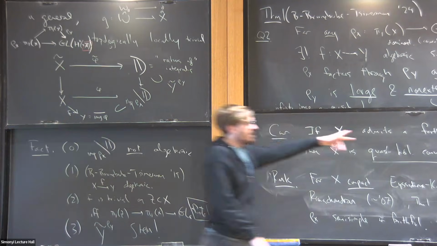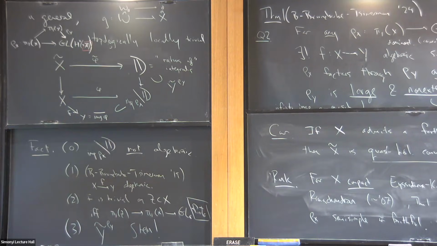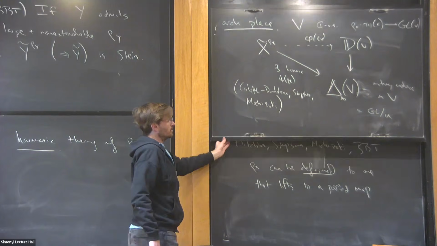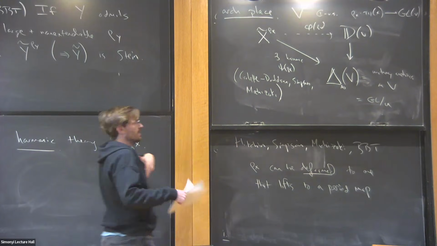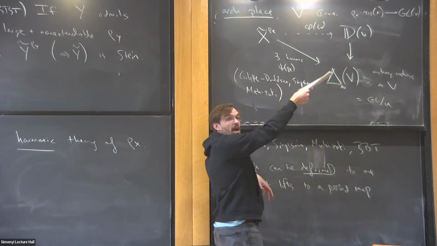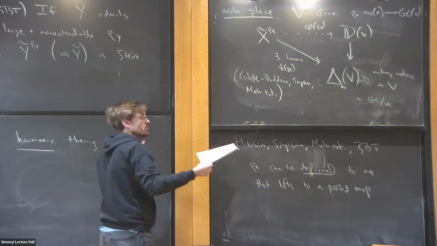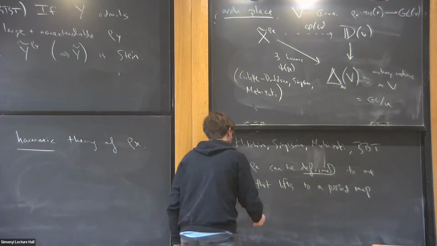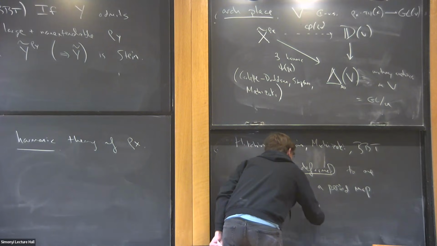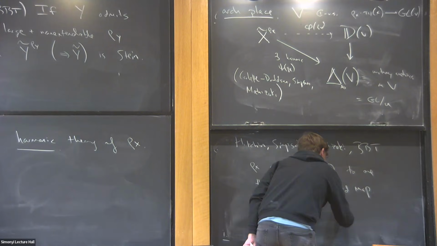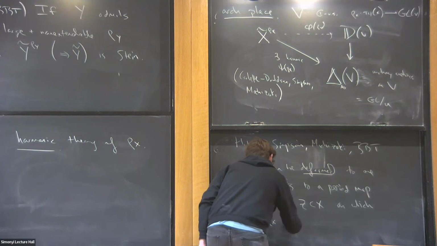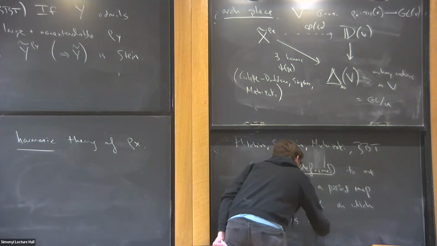The conclusion here, when you have a period map for a variation of Hodge structure that doesn't have an integral structure, is that this map will contract the subvarieties V inside of X along which the representation ρ_X has compact image.